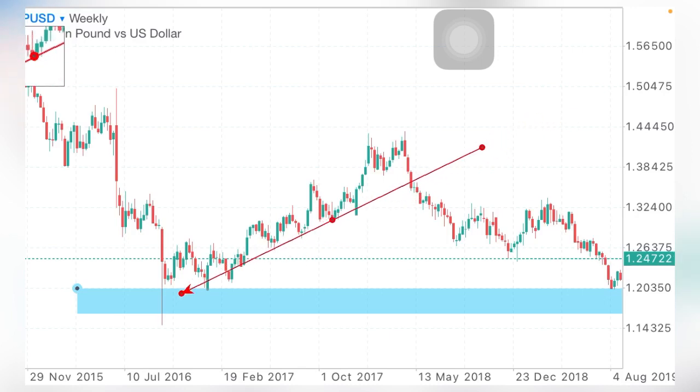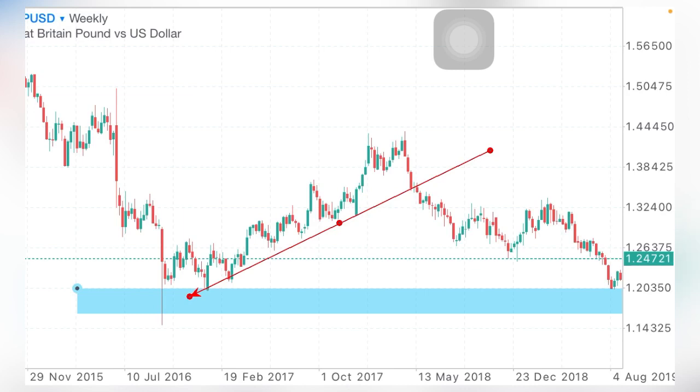That is the first support that I have seen there. Now support is valid when it has rejected 2 points in the market, then you can say that the support is valid. Now you can look out for the third touch to buy from the third touch.